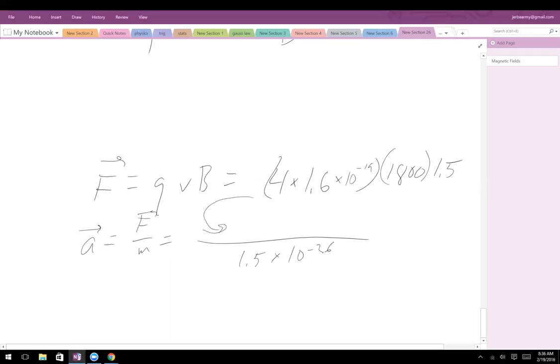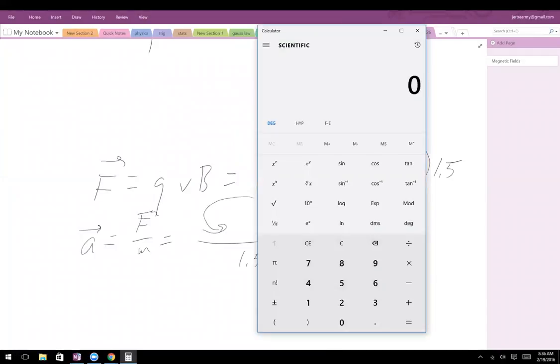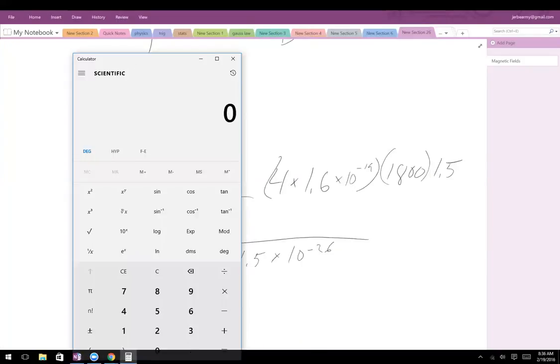All right, let's grab our little calculator. This is a very sad calculator. 4 times 1.6 times 1,800 times 1.5 is that. So that's 10 to the 4th. And then I've also got a 10 to the 7th from 19 over 26. The 1.73 times 10 to the 11th.